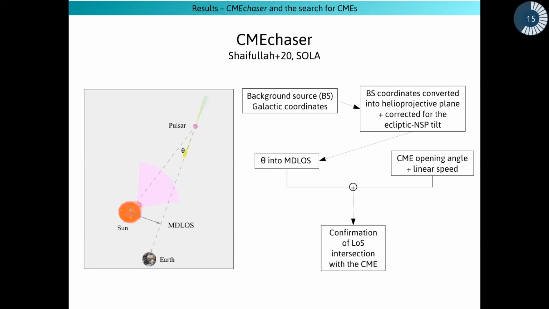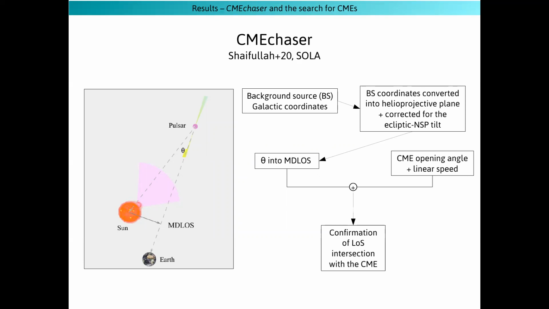Another work that I want to mention was published in Solar Physics last year, and it is the software CME Chaser, with which we determine whether a specific observation of an astronomical object, which can be a pulsar or another object, was affected by the passage of a coronal mass ejection.